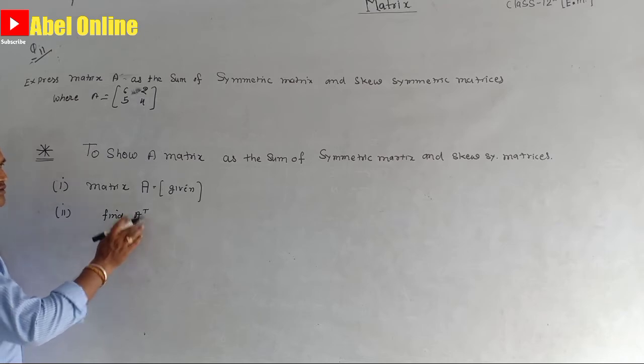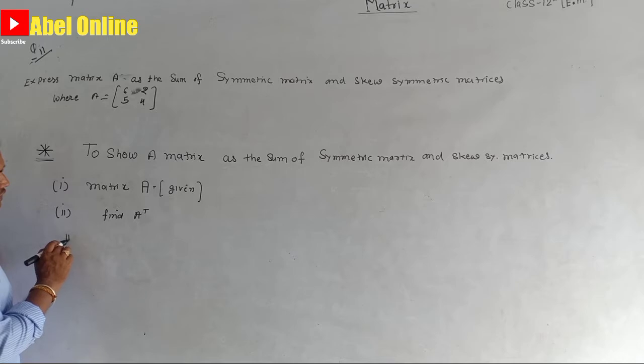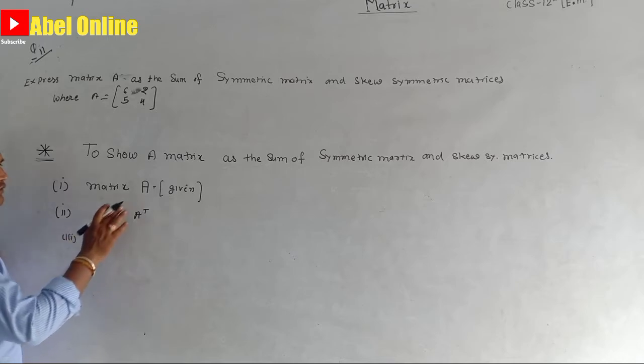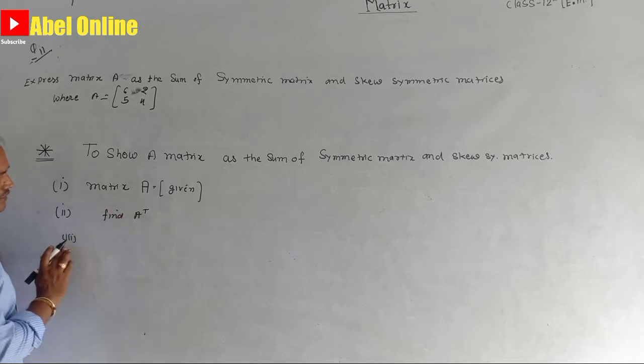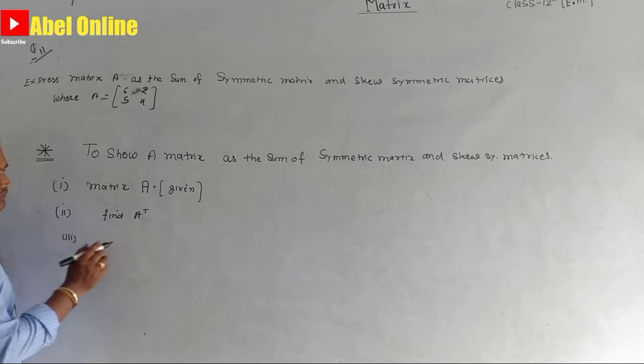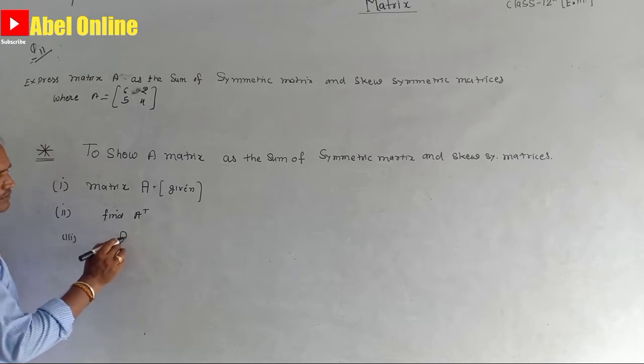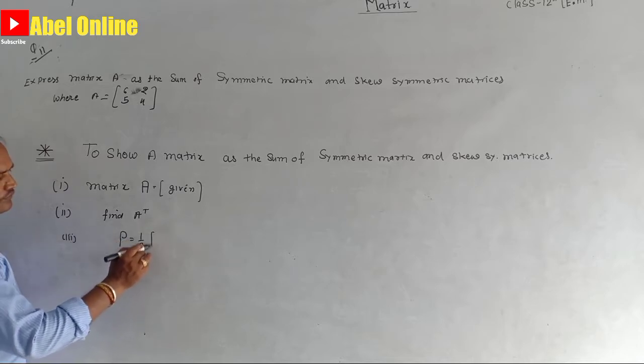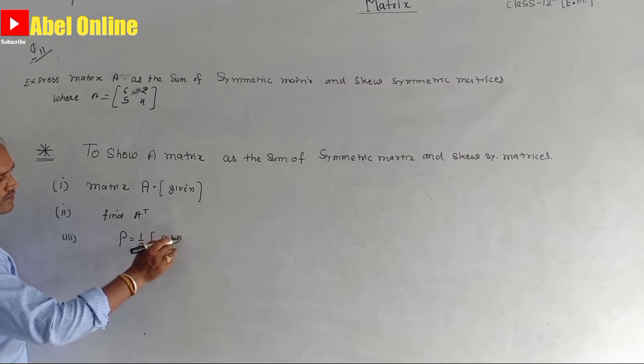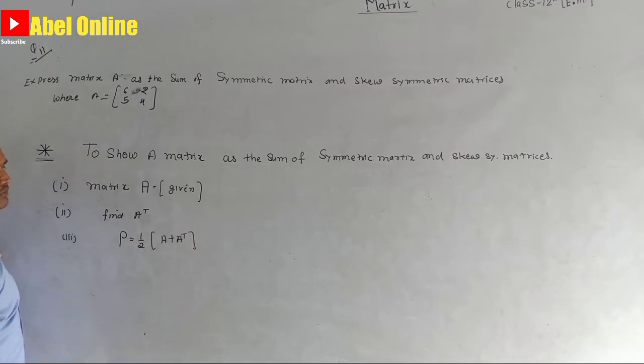You have to find A transpose, means we have to convert to the transpose matrix. Now the third one: if you find A and A transpose, then in the third step you have to find P, and P is equal to 1 by 2 A plus A transpose.